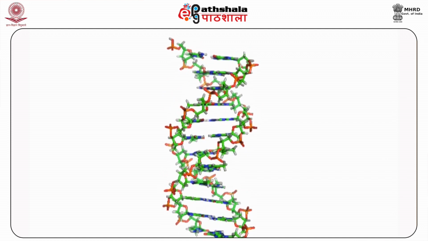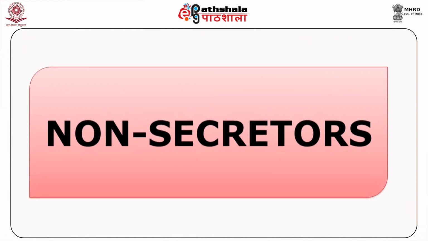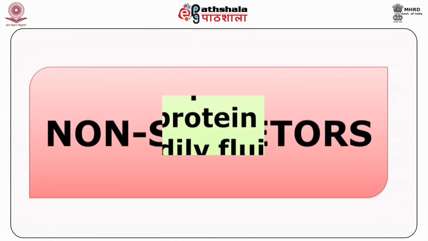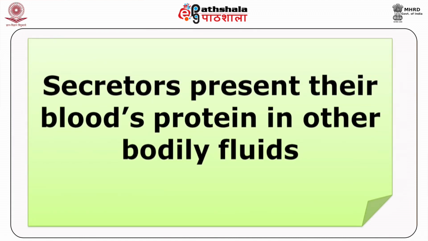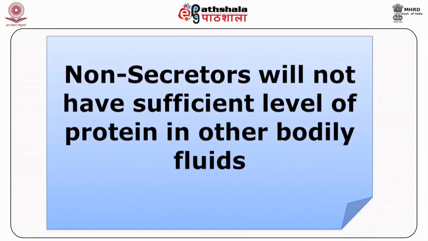Individuals may be known as secretors or non-secretors. Secretors present aspects of their blood's protein in other bodily fluids, whereas non-secretors will not have sufficient levels of protein in their bodily fluid to establish a match between two samples.